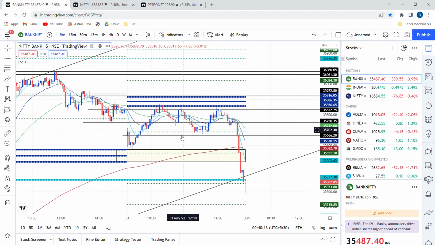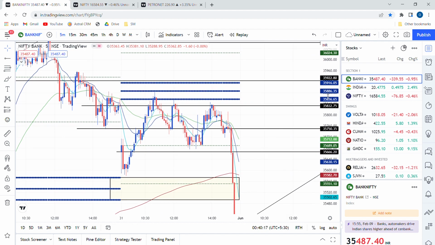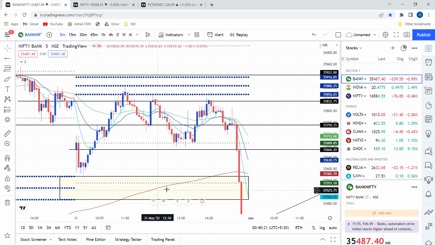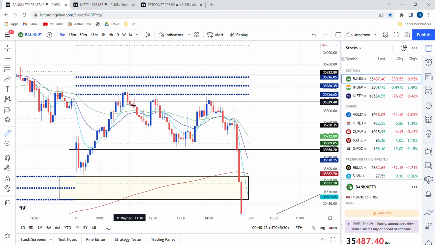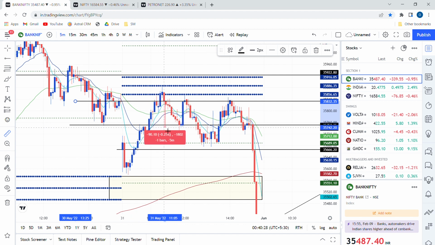So everyone who was looking to be a bear today must have taken their position, or you can say the good position was here till yesterday's low price.